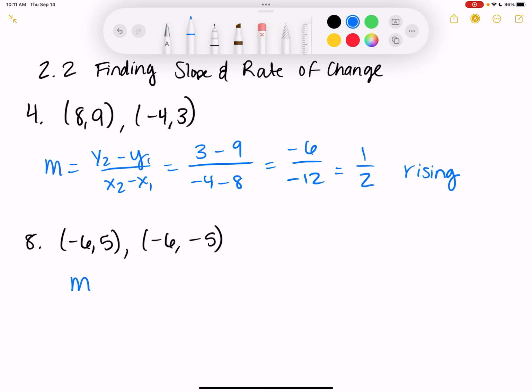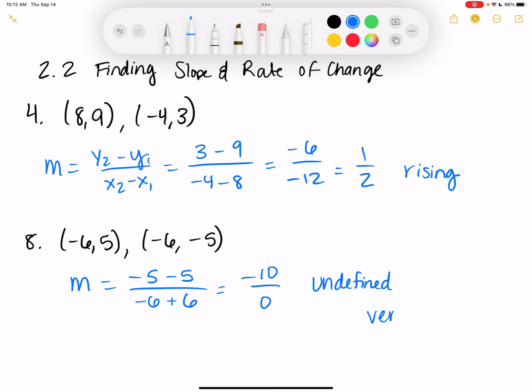So m is equal to -5 minus 5 over -6 minus negative, so it's going to be +6. So I've got -10 over 0, which is what? Undefined, which means it's what kind of a line? Vertical. So undefined, and it is vertical. When it's something divided by 0, you need to write that it's undefined, okay? Just leaving it over 0 is not sufficient.